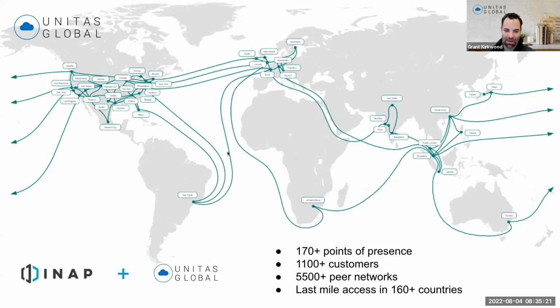And as it happened, both INAP and Unitas were Kentik customers before this merger. And that's played a huge part in how we've put the networks together, because we had a common set of tooling that helps us understand our traffic profile.